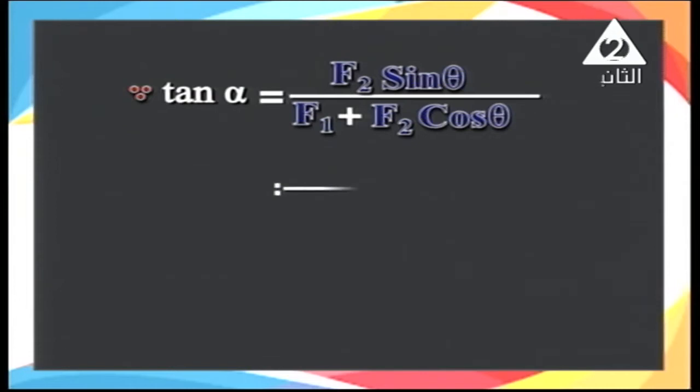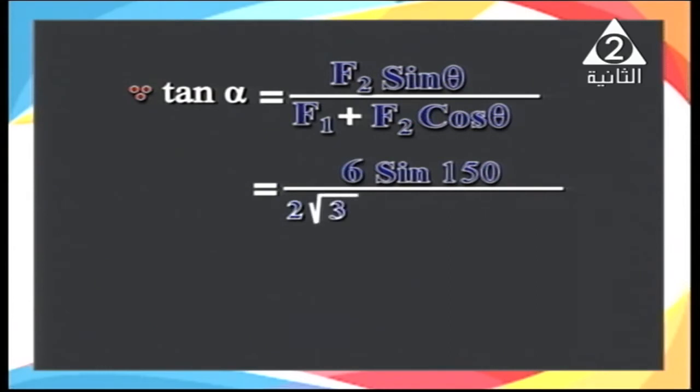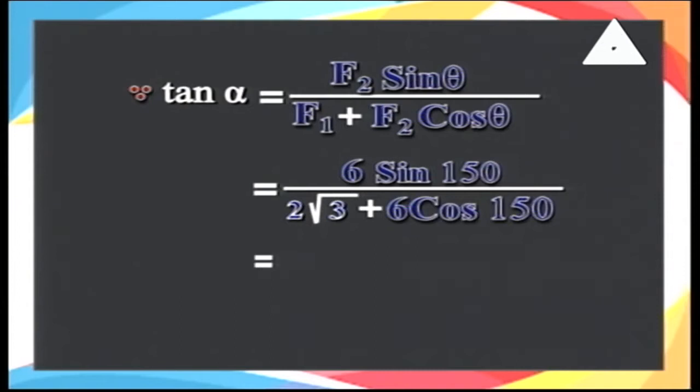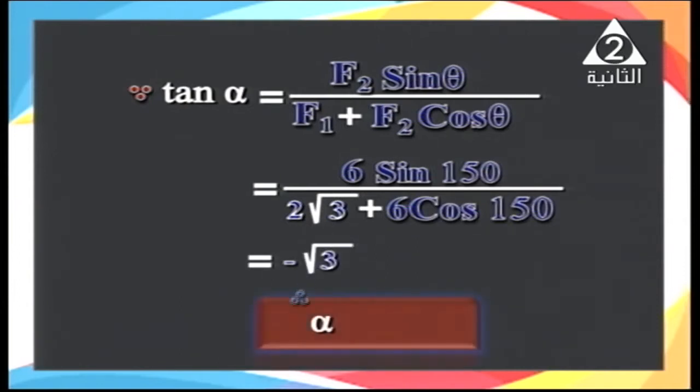This rule is to find the direction of the resultant about F1. By substitution, with F2 equals 6, tan alpha equals 6 sine 150 over 2 root 3 plus 6 cosine 150, which equals what? Negative root 3. This is tan alpha. Then alpha, shift tan of negative root 3, equals 120 degrees. This is the direction of the resultant about F1.